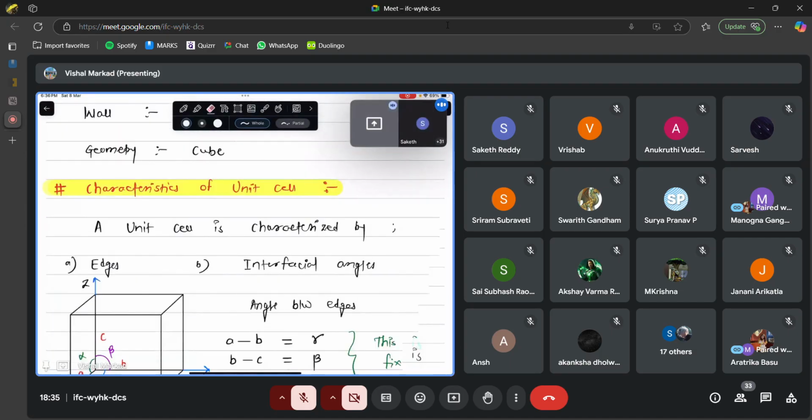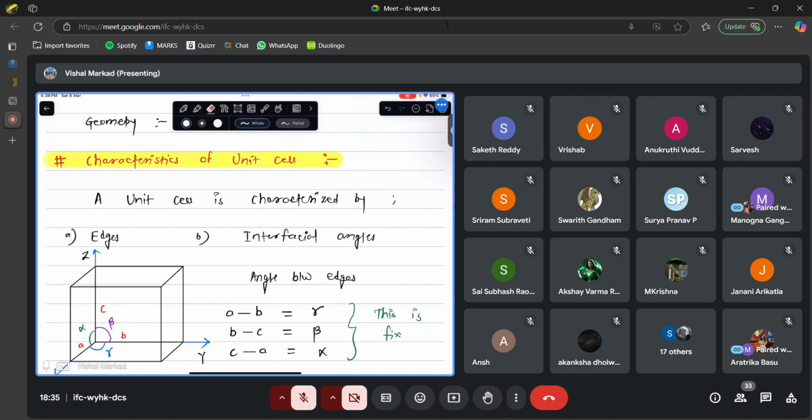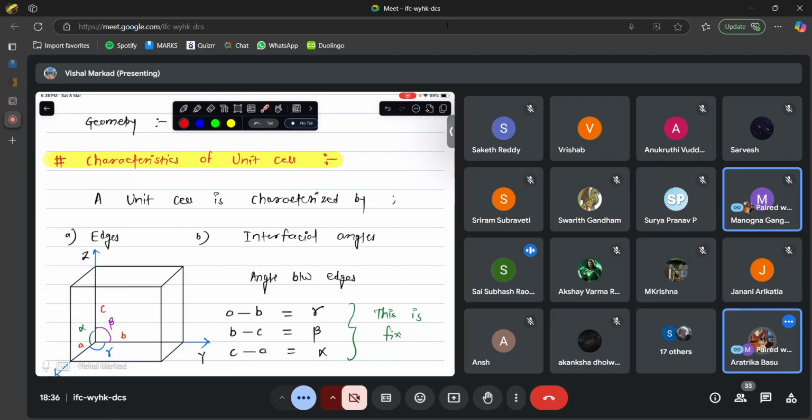Now first we have to study the characteristics of a unit cell. Simple thing. Now look here. Let's say one cube is there. These lines of the cube are called edges. You are sitting in a room, right? Can you tell me how many faces are there for that room? Six.